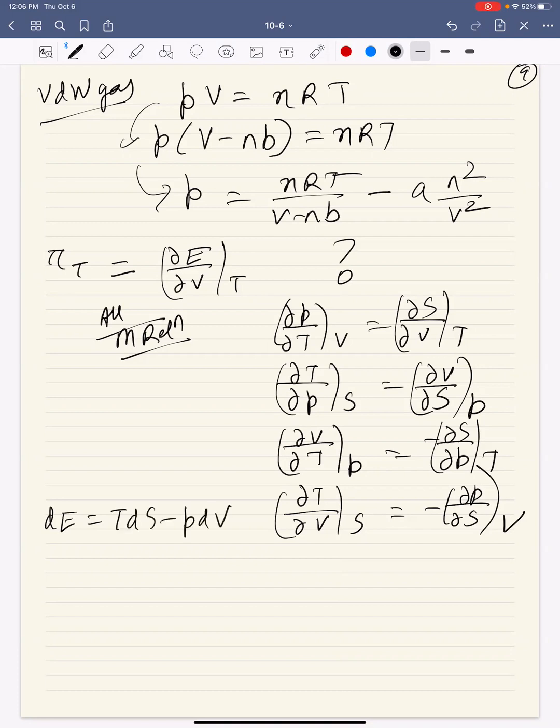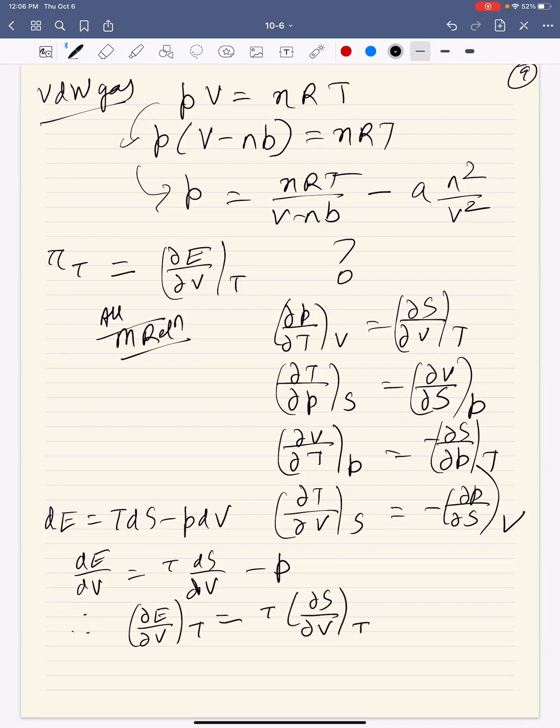Let's start from here. From this one, what can I say about dE by dV? dE by dV is equal to T dS by dV minus P, correct? I just divided by dV, nothing wrong. Therefore, partial E by partial V at constant temperature is going to be temperature multiplied by partial S by partial V at constant temperature minus pressure.